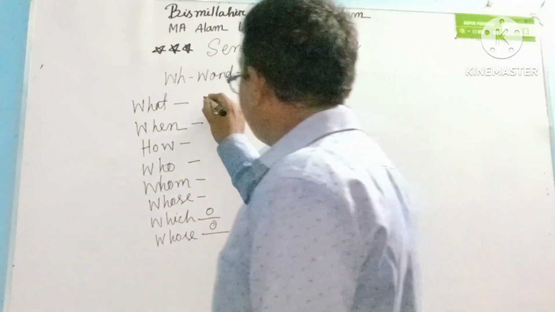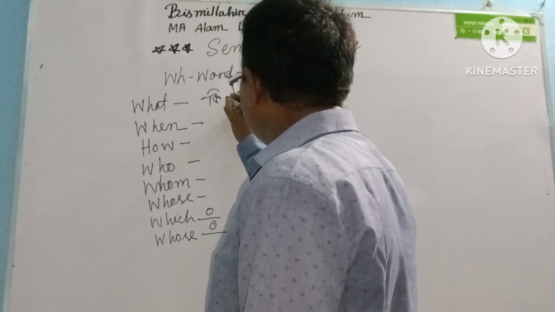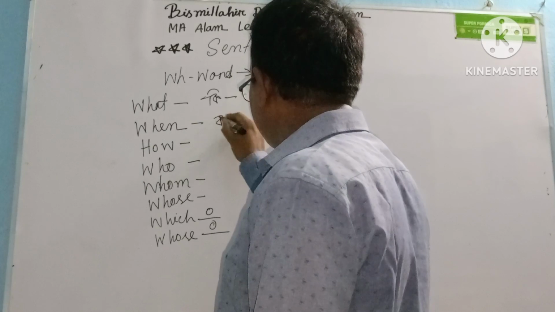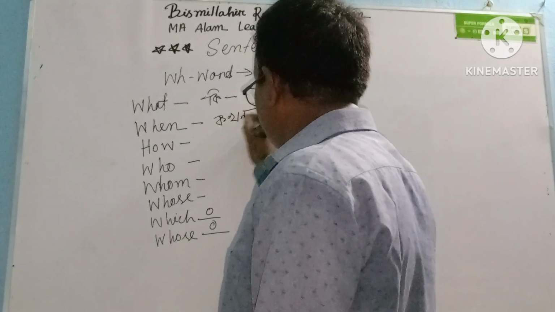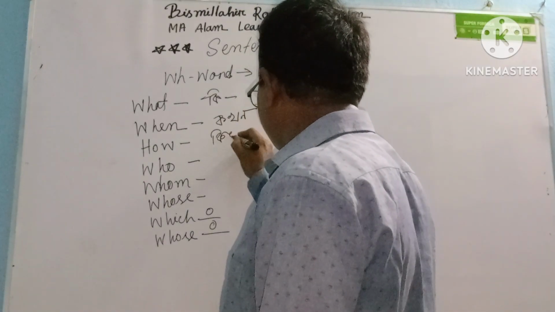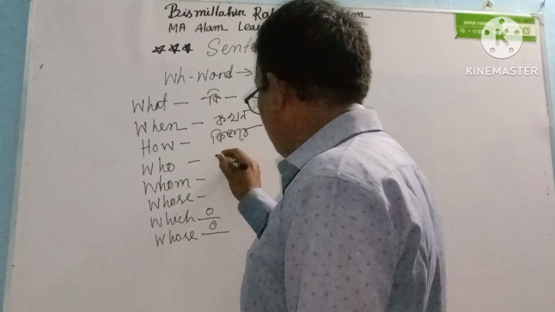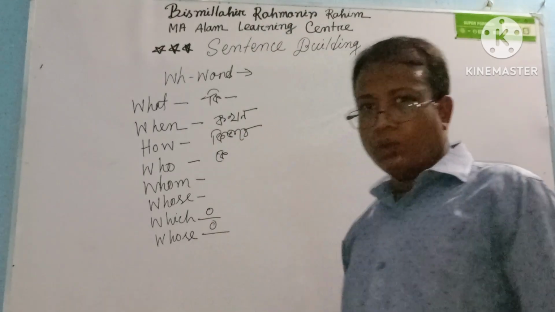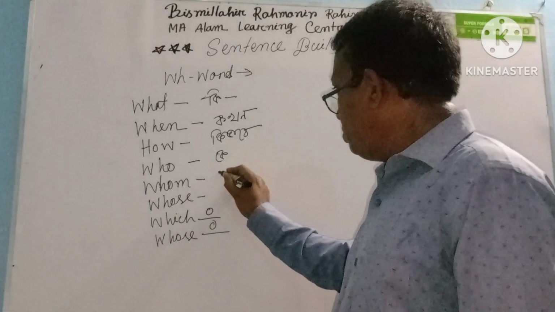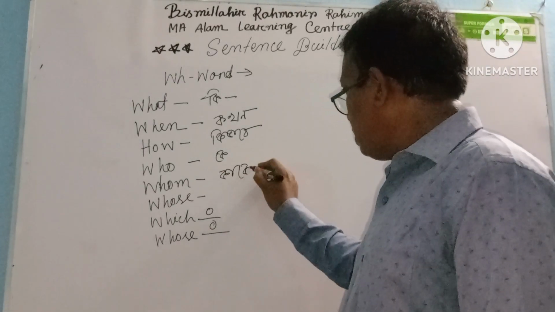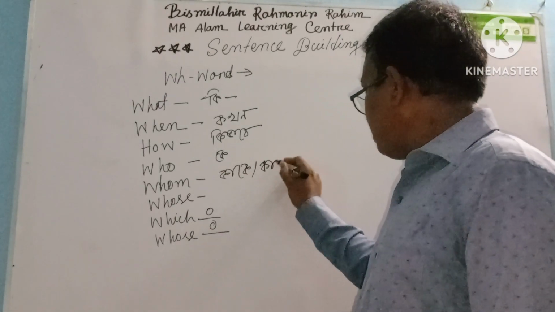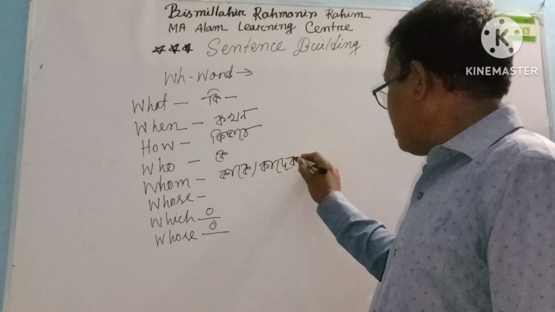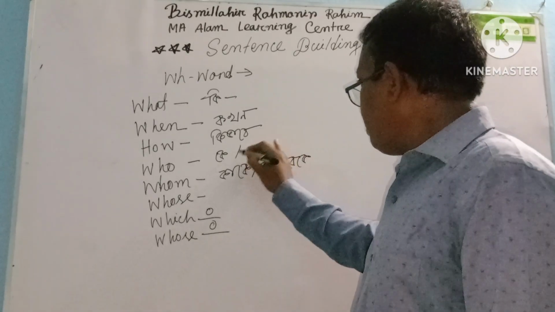What? কী? When? কখন? How? কিভাবে? Who? কে? Whom? কাকে? কাকে বা কাদেরকে? কে বা কাহারা?